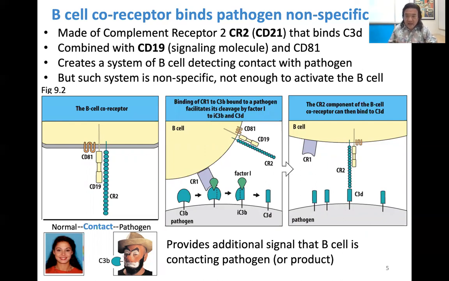And then one day it has the opportunity, in a lymph node, to actually encounter something like a pathogen. How does the B cell begin to realize that if it's binding to something its immunoglobulins recognize, that it should start its process of activating?